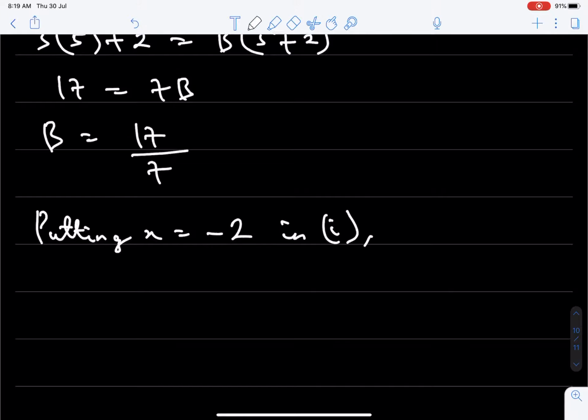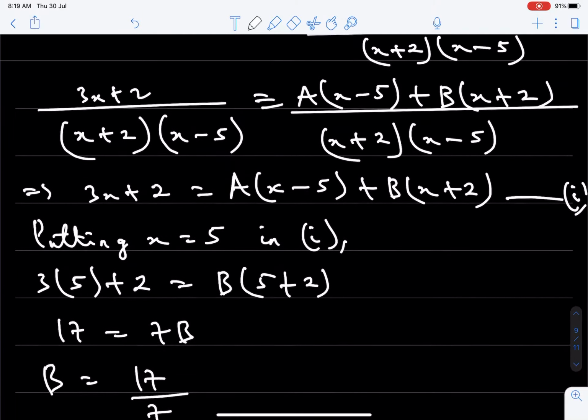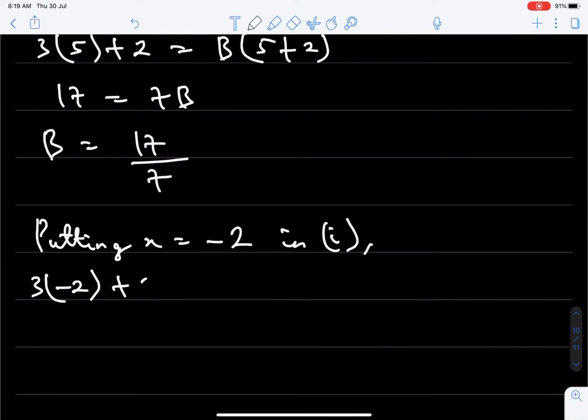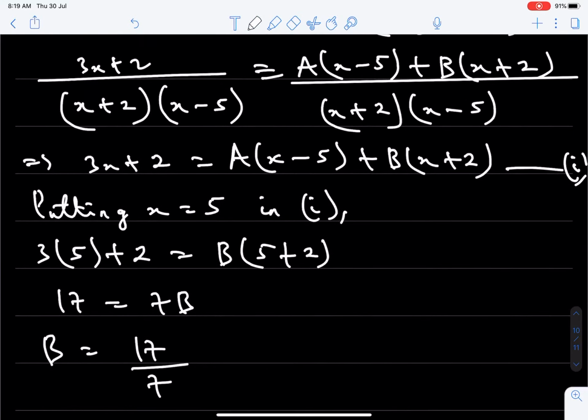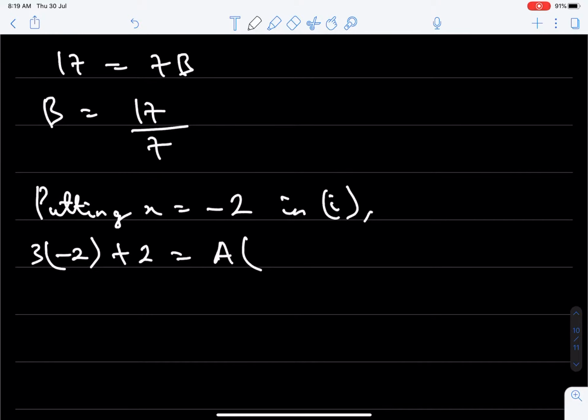We are doing that to eliminate b. Putting x equals minus 2 in 1, 3 times minus 2 plus 2 rather.